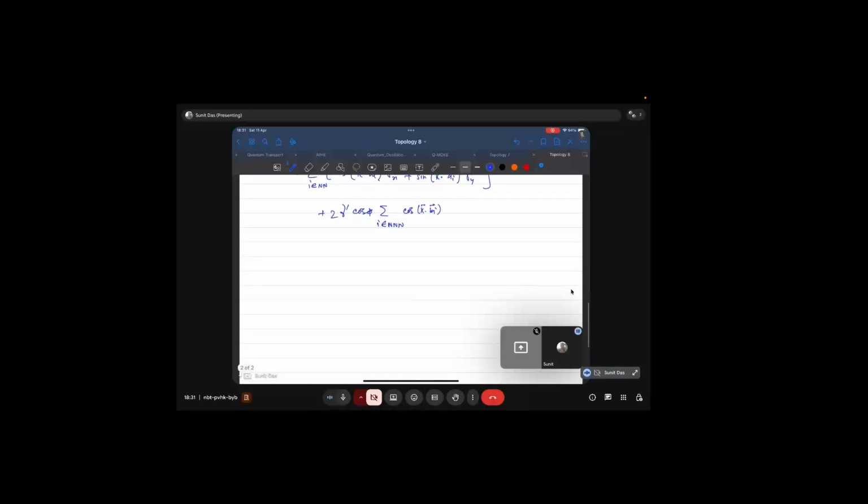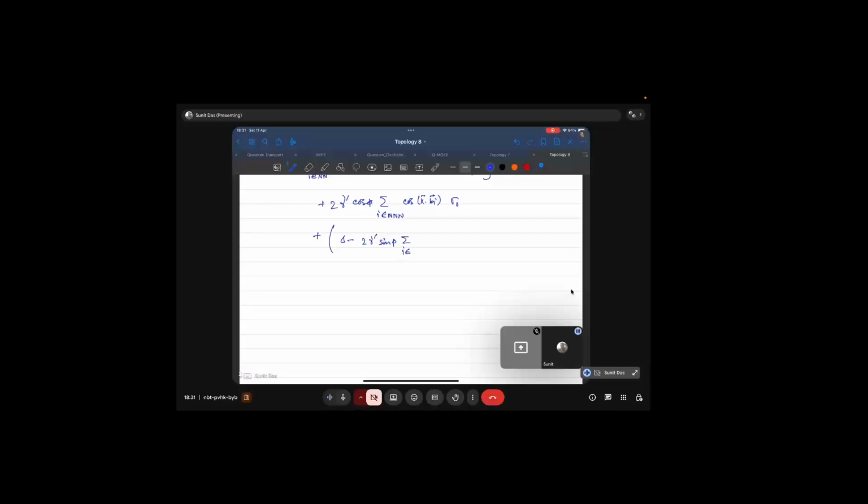This is associated with sigma 0, the identity matrix. Then the gap term is delta minus 2 gamma prime sin phi, again i goes over next nearest neighbors, sin of k dot bi, sigma z.